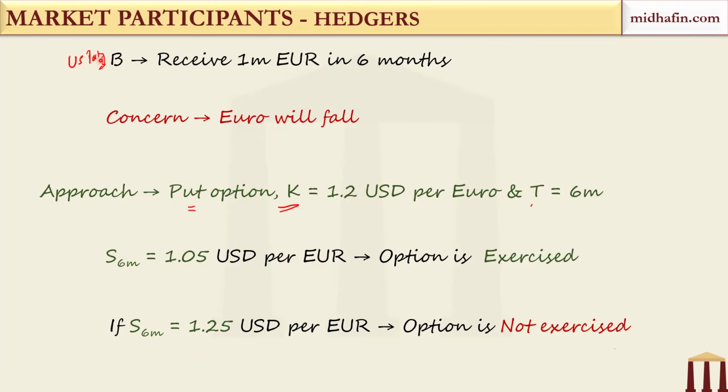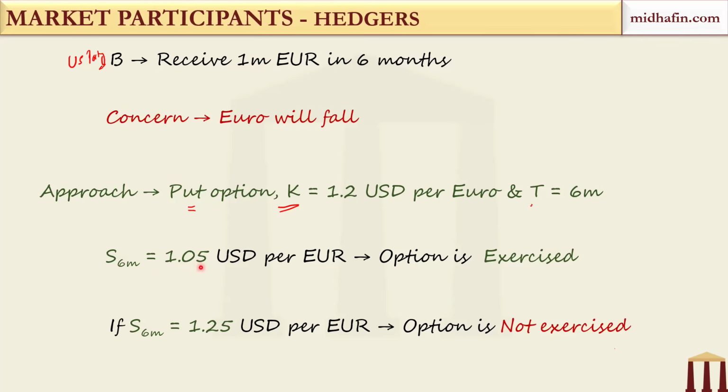If the party did not enter into the long position in the put option, the party would be forced to sell these 1 million euros at the market price of $1.05. But yes, the opposite can also happen.